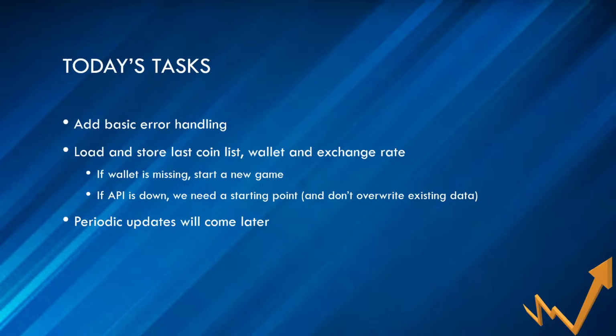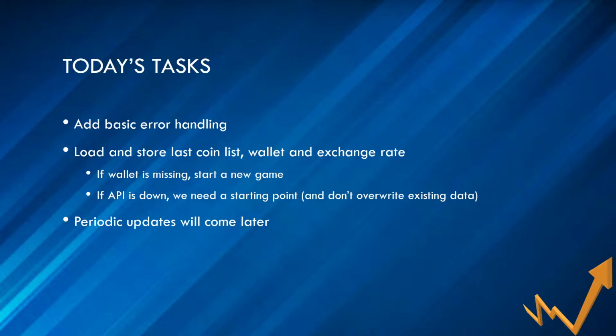We will add some basic error handling to our code base. We will store the list of coins, that's the supported coin list. We will store our wallet's content, what kind of coins we have and how many, and of course how much USD we have left.